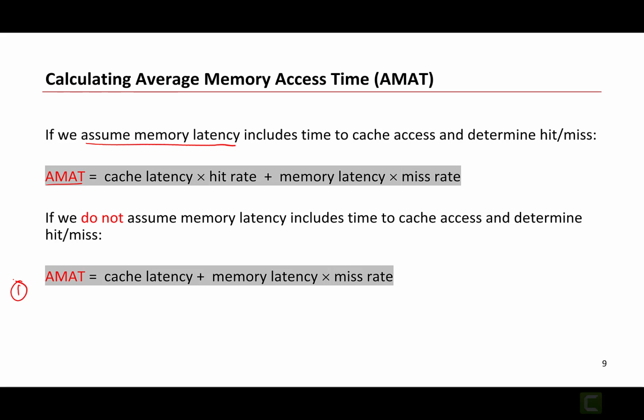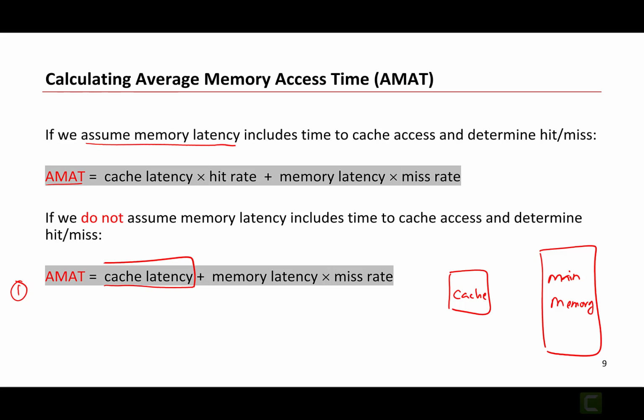Now, one important thing to understand is every memory access first accesses the cache, and if it's a hit, you're done. But if it is a miss, then you go and access main memory. So when you're thinking about average memory access time, you're trying to ask yourself, on an average, how long does a memory access take? Well, if all of them are cache hits, then the average memory access time would be just the cache latency.